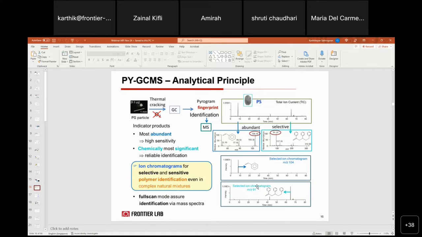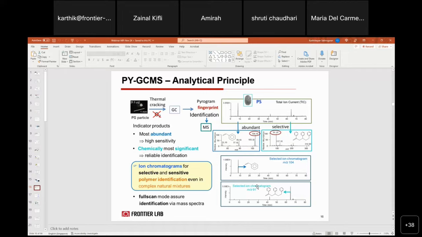We can do the full scan mode to assure that we are not missing any information, but we can also use the same data for an extracted ion chromatogram to look for specific chemical information. On the right side, we have a simple illustration of polystyrene.